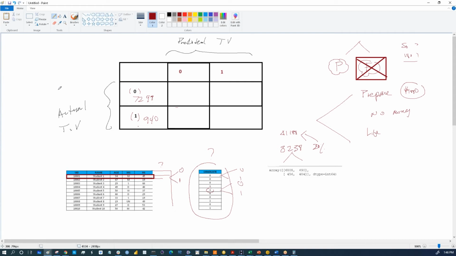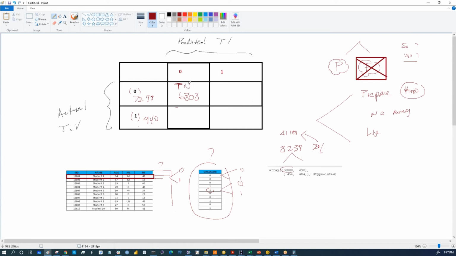So how many zeros were predicted correctly out of the 7,298? 6,808. And this is called what? True negative.